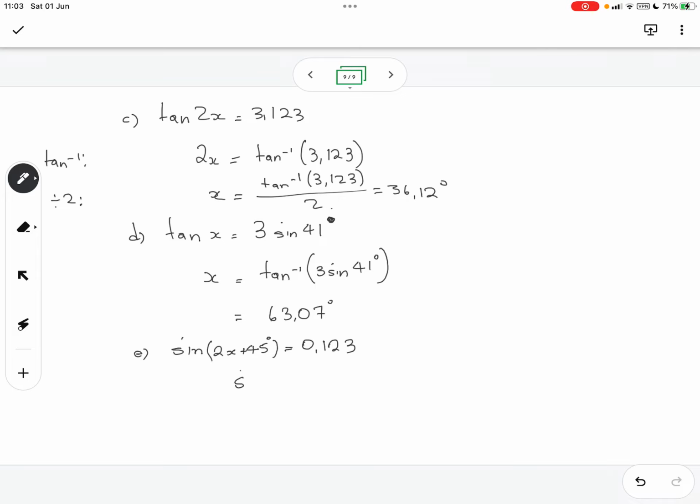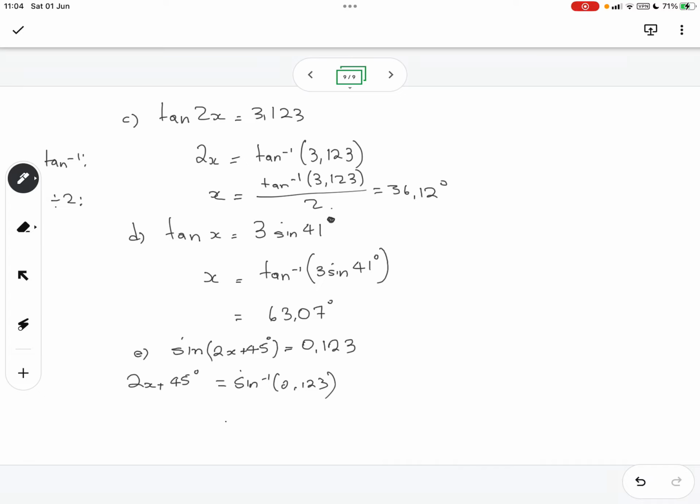So here we can just simply jump straight into the arcsine of 0.123, and that equals 2x plus 45 degrees. So what's arcsine of 0.123? What's the answer there? It's 7.06. Yes, 100%.